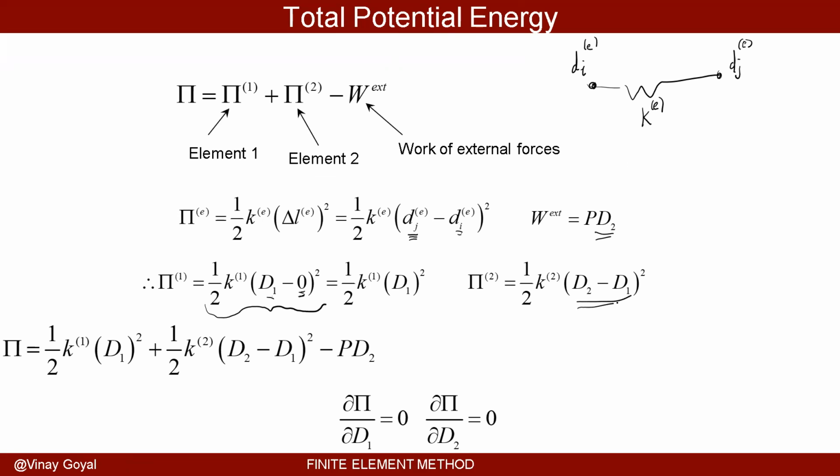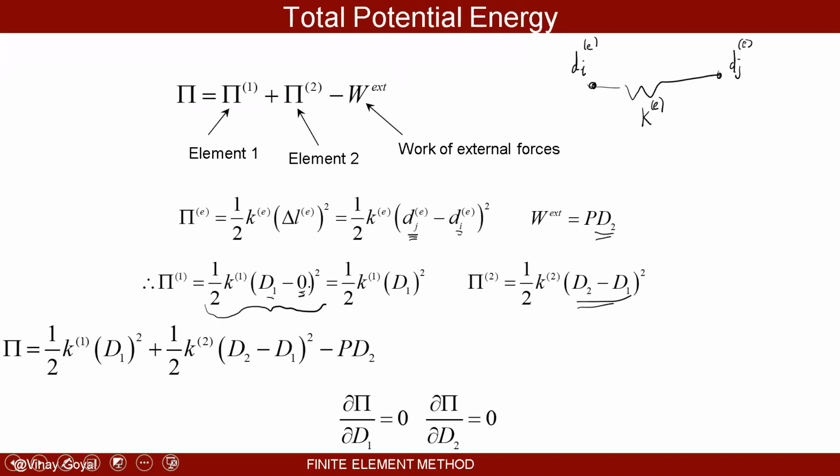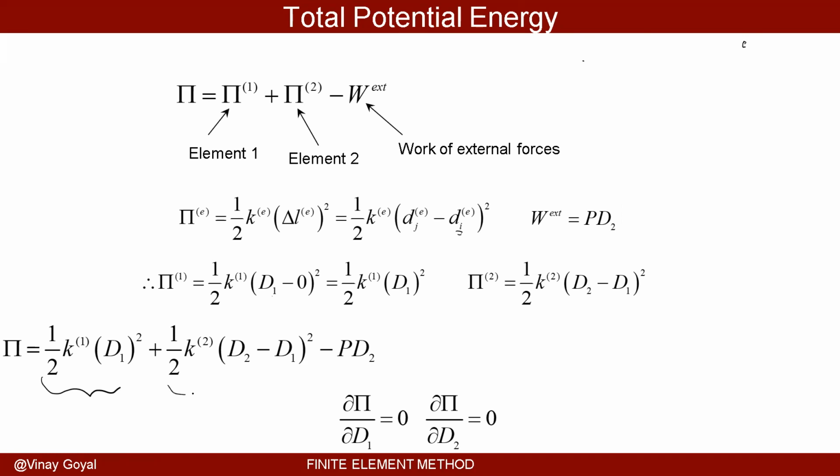So what is the total energy of the whole thing? The total energy then is the spring energy for element 1, plus the spring energy for element 2, minus the work done due to the applied load.